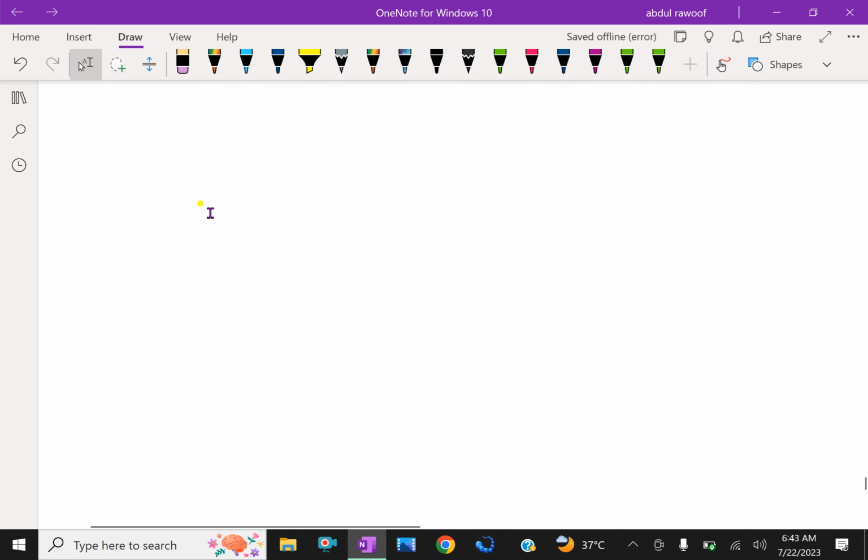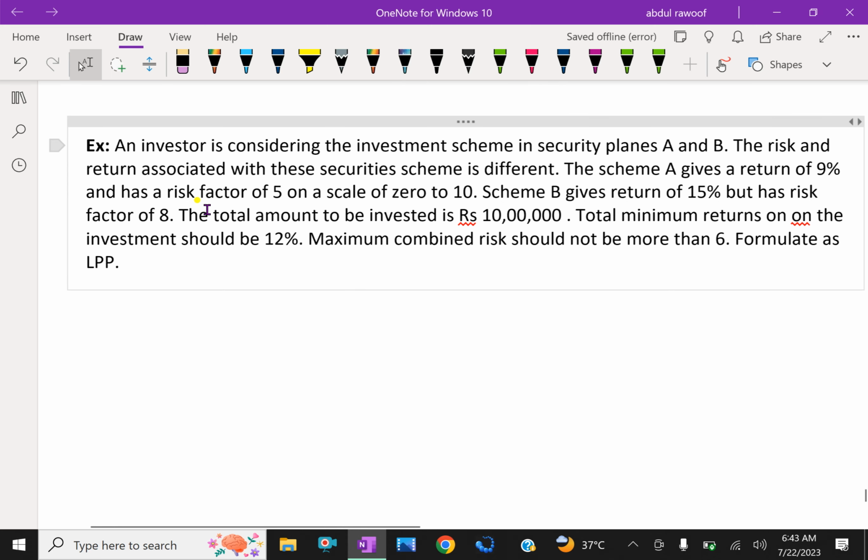Look at one more example. An investor is considering an investment scheme in security plans A and B. The risk and return associated with these security schemes are different. Scheme A gives a return of 9% and has a risk factor of 5 on a scale of 0 to 10. Scheme B gives a return of 15% but has risk factor 8.